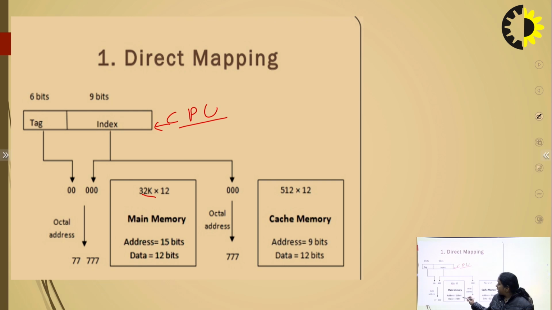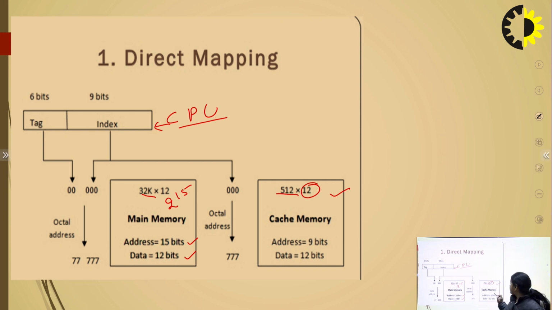So you can see address lines will be 15 and data lines will be 12, because we have 2 raised to power 15 words and 12 bits in each word. Next is an example of cache memory, where we have a 512 x 12 cache memory, where 512 is the number of words the cache can store and 12 bits is the size of each word.